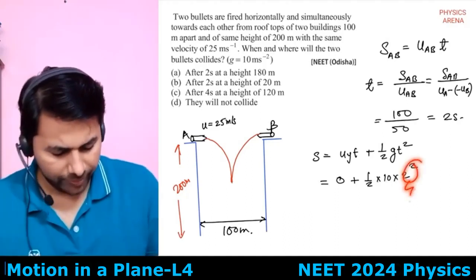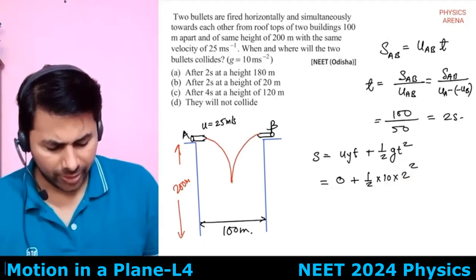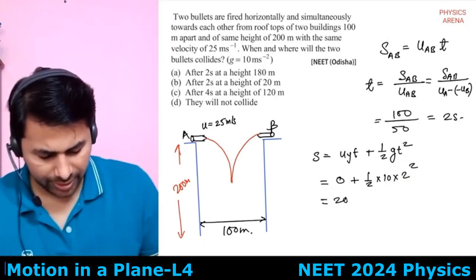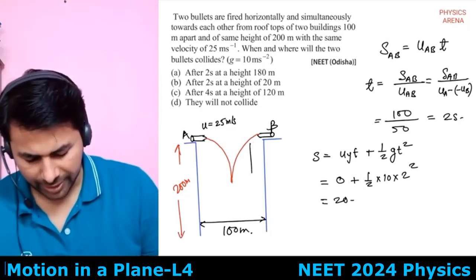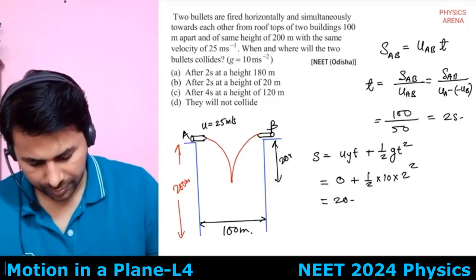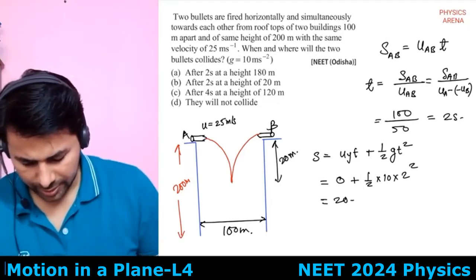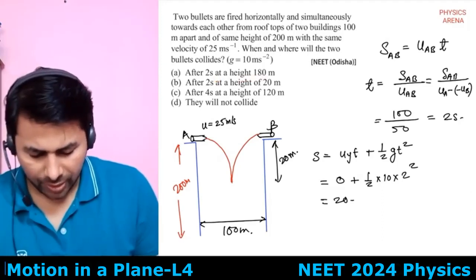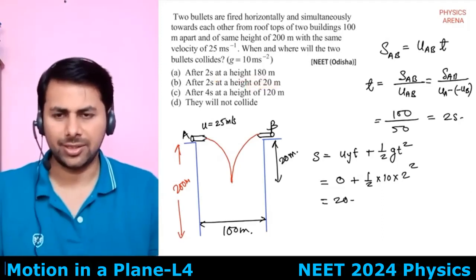This is 4. 4 times 10 is 40. 40 divided by 2 is 20. So the distance covered in y direction is 20. This distance is 20. So at height of 180 or at height of 20, what is the answer?